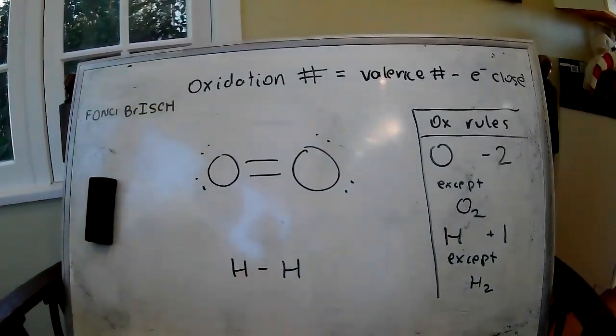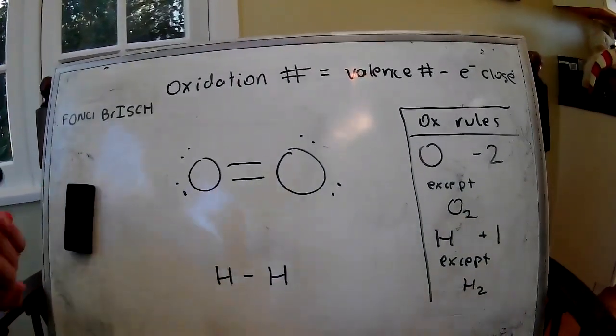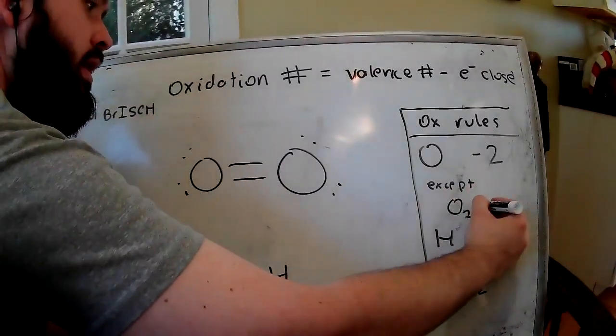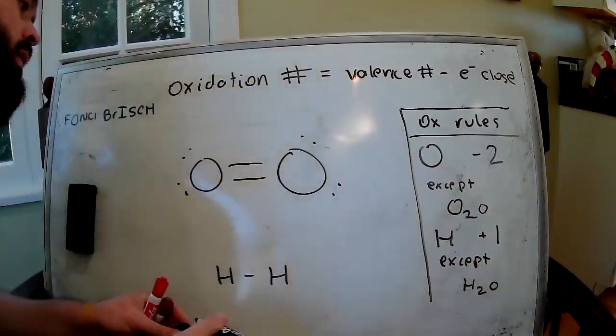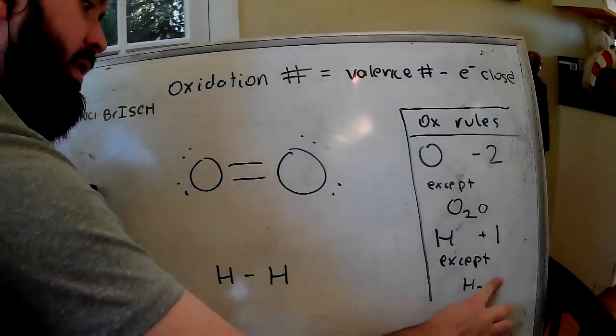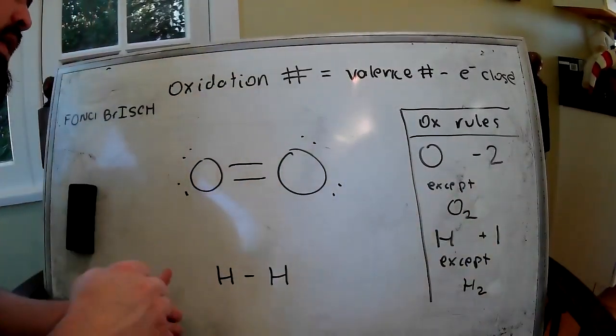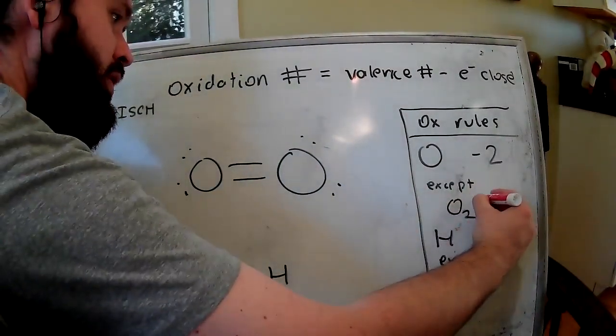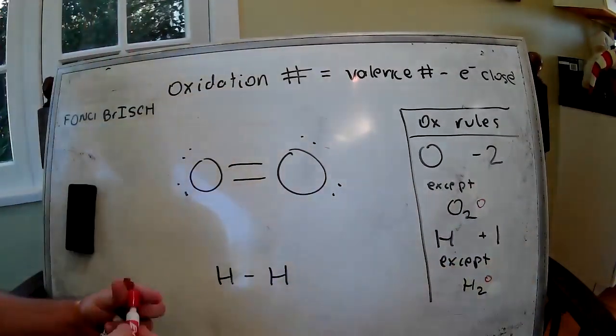So I bet we can figure out why that exception exists, and why the number in the exception is 0 and 0.